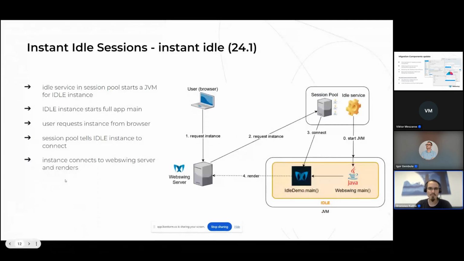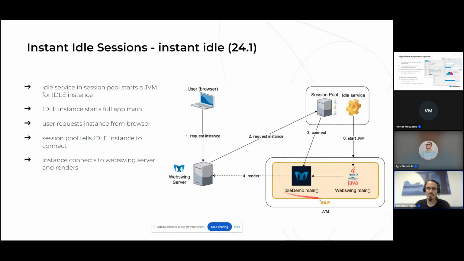Okay, the last configuration is instant idle. Instant idle means that the idle service, when starting the idle JVM, will fully start the instance. So there's no pre-launch class. After the Webswing main, it will start the application main.